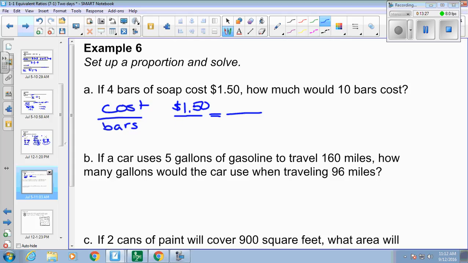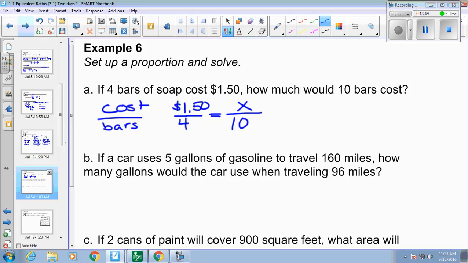I was able to get 4 bars, so I'll put the 4 in the denominator. How much would 10 bars cost? Means I am looking for the cost, so that is my x, and I would put the 10 bars in the denominator. There are other ways to set up your proportion, and you will still get the correct answer as long as everything is kind of across from each other the same way.